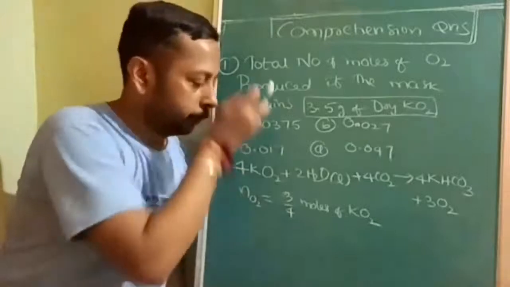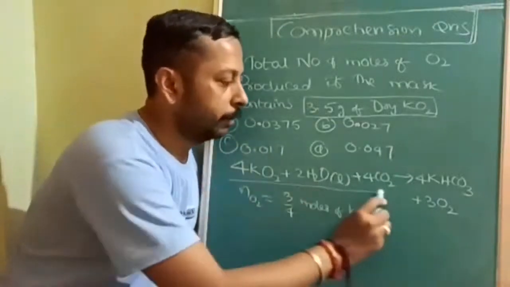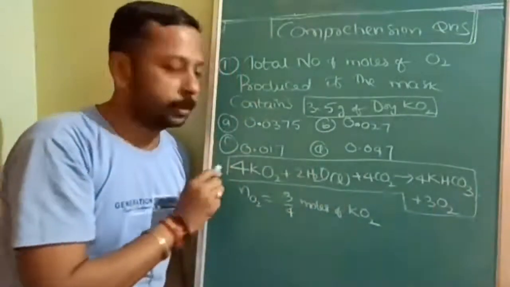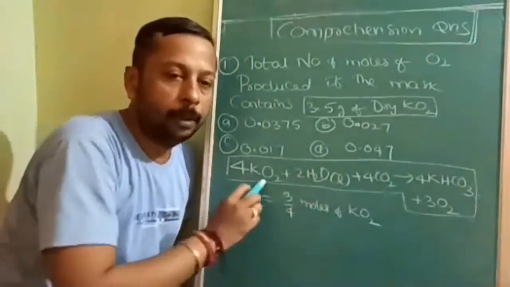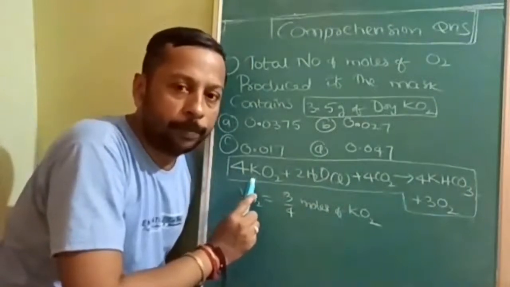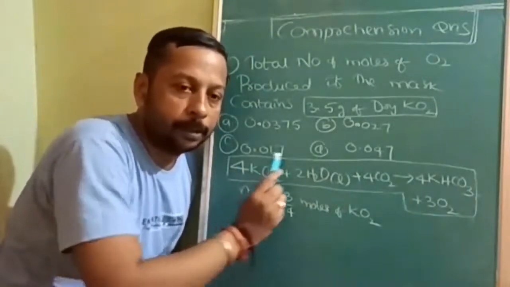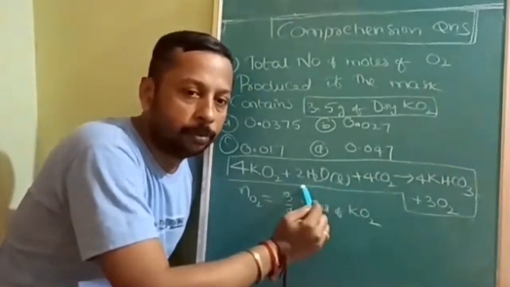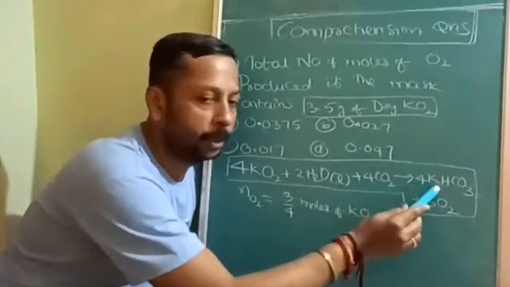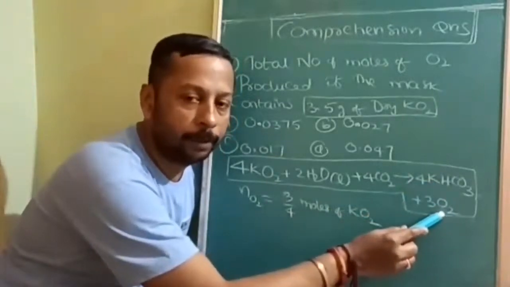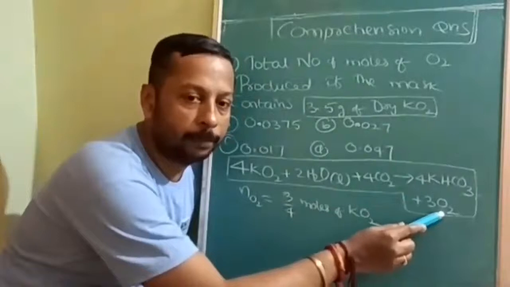So I am writing the balanced equation. That's why I told you to read the sentence carefully. Until you understand that potassium superoxide in the mask, with the breathing out of carbon dioxide and H2O, forms bicarbonate and O2, you will not be able to write this reaction. You can write it only after reading the paragraph.